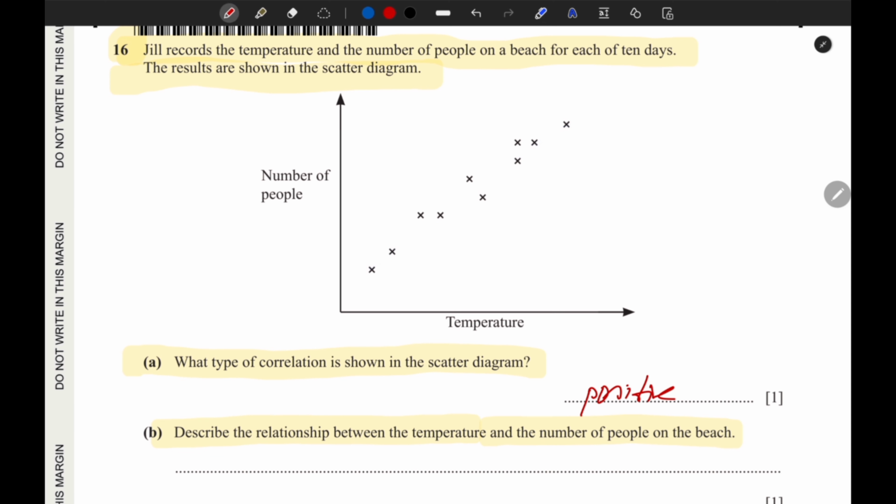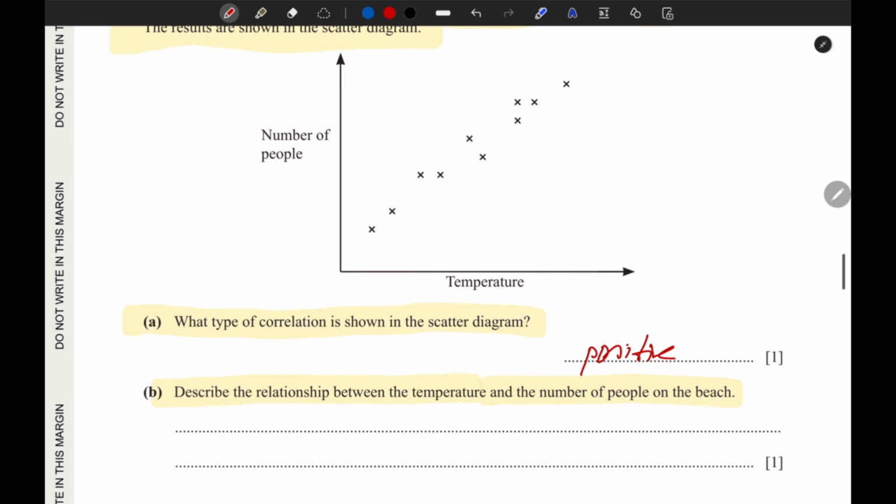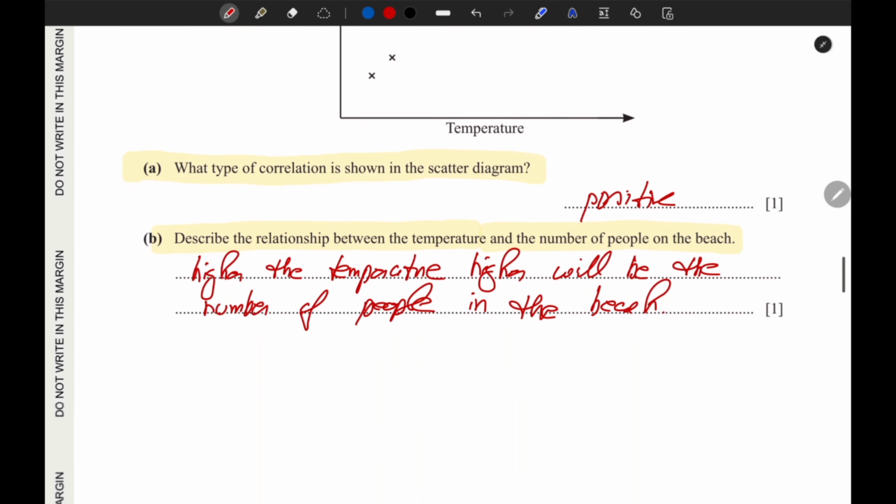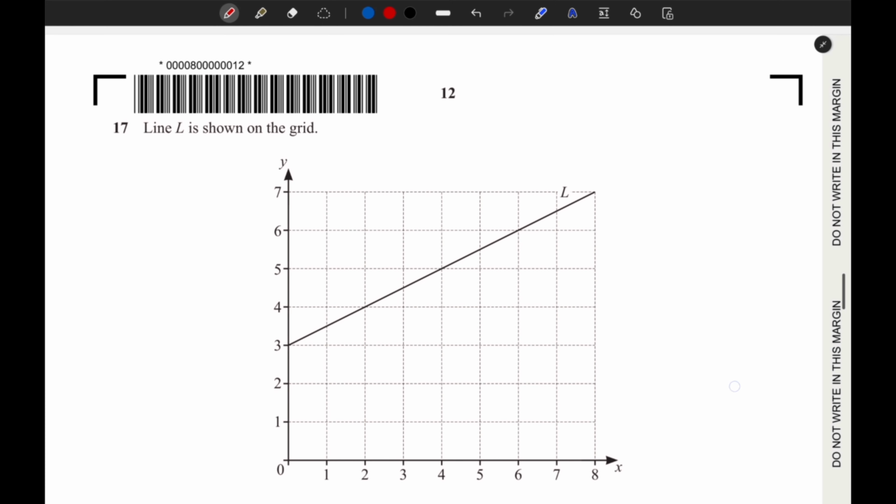So what you can write is: the higher the temperature, the higher will be the number of people on the beach. So that is basically directly proportional.